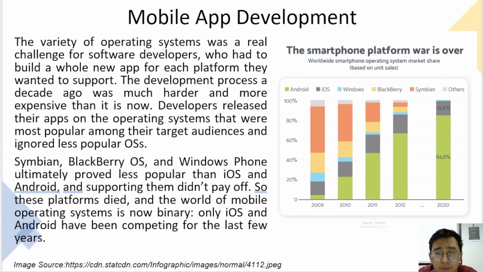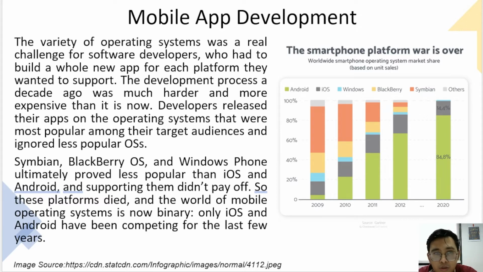So developers released their apps on the operating systems that were most popular among their target audiences, and ignored the less popular ones. Symbian, BlackBerry OS, and Windows Phone ultimately proved less popular than the popular operating systems, which are iOS and Android.